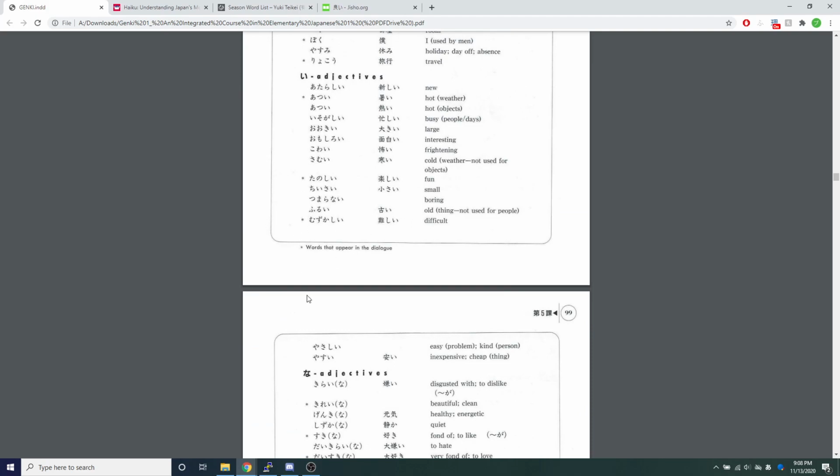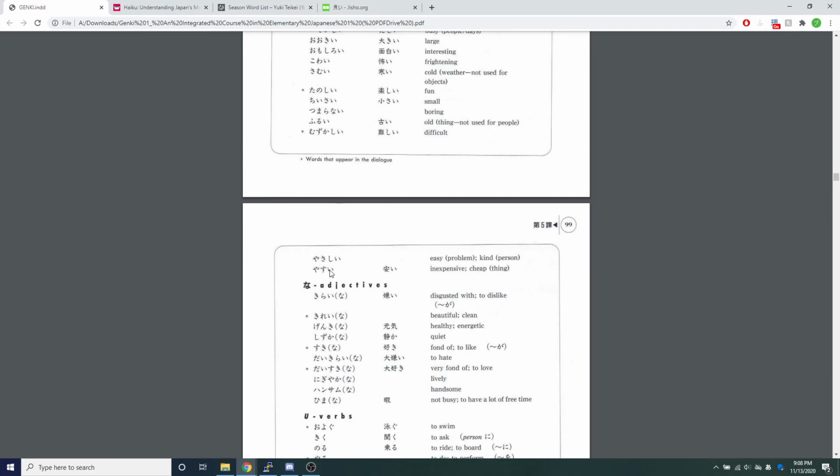You see a lot of people online say 英語が難しい, like, my English studying, it's so difficult. 優しい means easy or kind. So you could say このゲームが優しい, right? This game is easy. Or you could say この人は優しい, right? This person is kind.